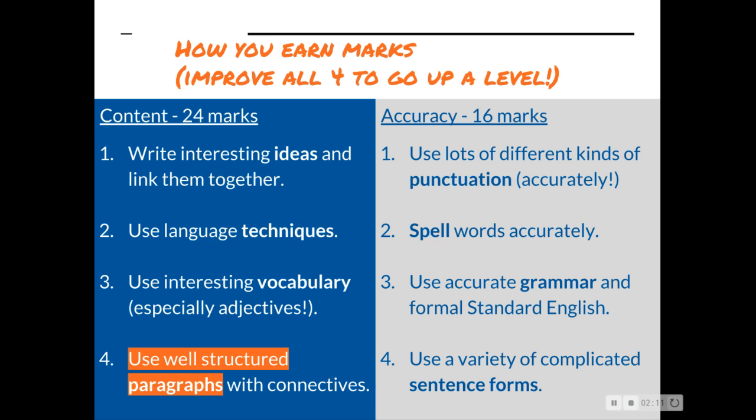And using paragraphs that are well structured is something that you're going to have to do to be even in a low level 2, like on pace for a grade 3. If you're using paragraphs randomly, that's like writing at a high level 1. If you're not using paragraphs at all, well, that's a feature of low level 1 writing, and you definitely want to get yourself above that level.